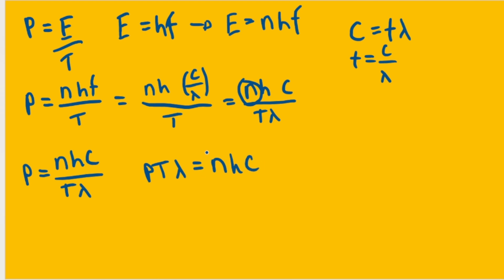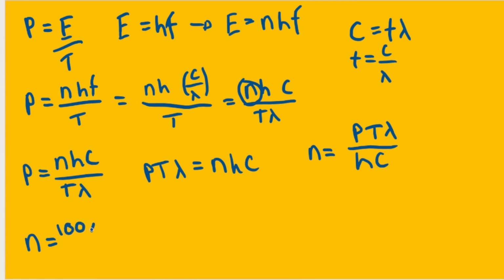Now if we just want to get n on its own, then we move the hc and divide it across. So then we get n is equal to the power times the time times the wavelength divided by Planck's constant times the wave speed. So now we have this equation, we can sub in our values. So we said that the power was 100 watts.